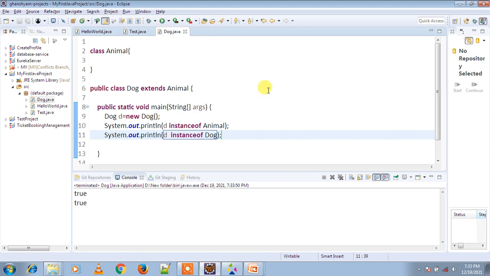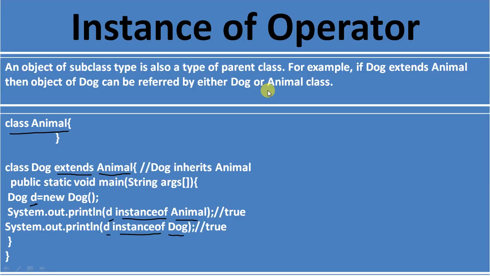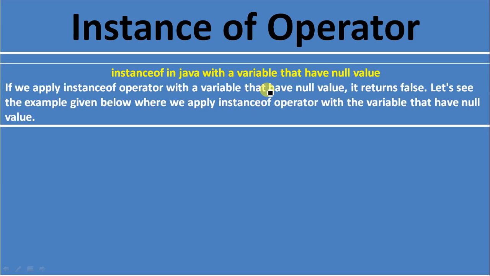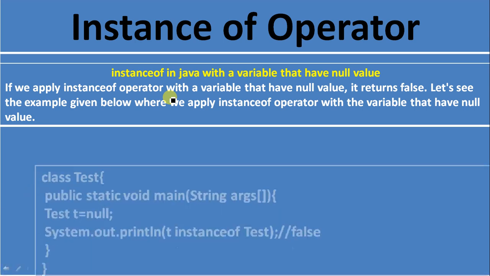Okay, now let's go to the next point. The next point is instanceof in Java with a variable that has a null value. If we apply the instanceof operator with a variable that has a null value, it returns false. Let's see the example below.